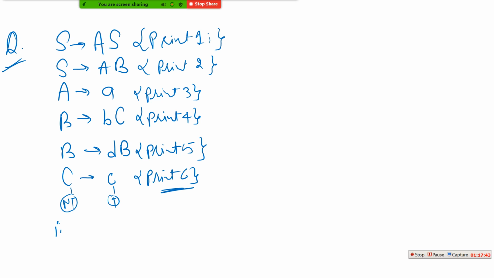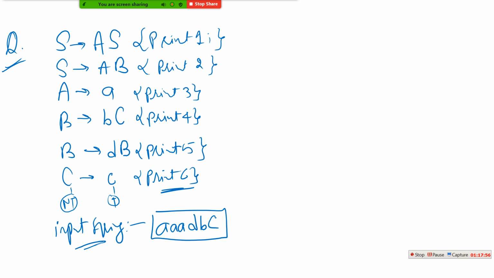The input string is aaDBC. This is the input string, guys. Answer me what will be the output. Answering will also help revise your concepts.